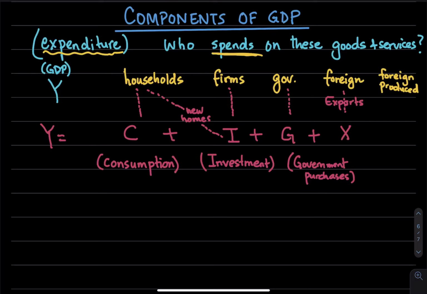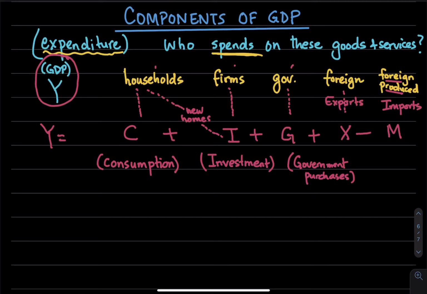Okay, all of those can be added up. And the final thing we want to take care of is we want to get to a measure of GDP, which is the market value of all final goods and services produced within a country in a given period of time. So sometimes households, firms, governments may also spend on things that aren't produced here. So we are going to correct for that, and we're going to subtract off imports. Imports are foreign produced goods and services.